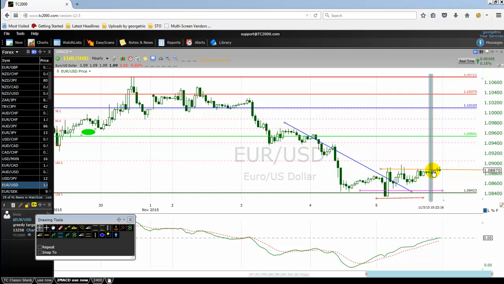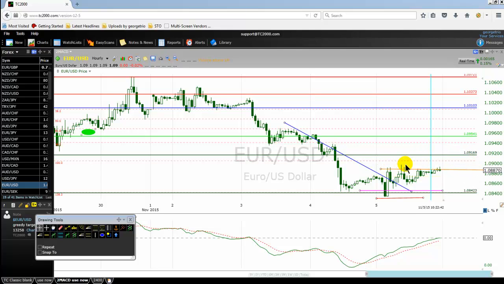Yeah, reasonable for that trade. Again 40 pip, coming out at 10916. That's the second trade.